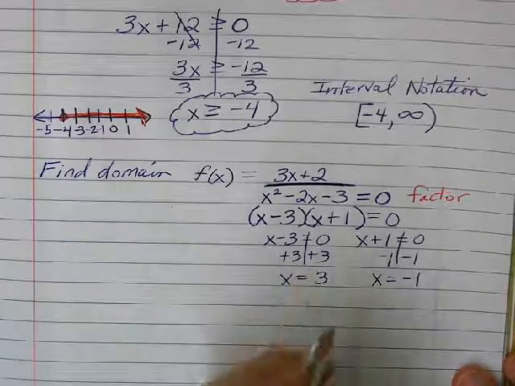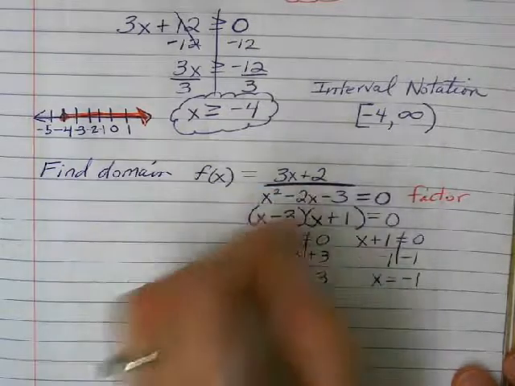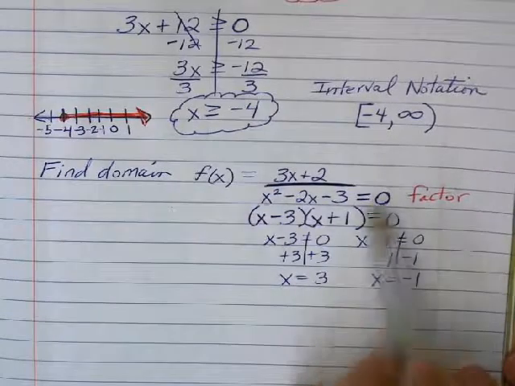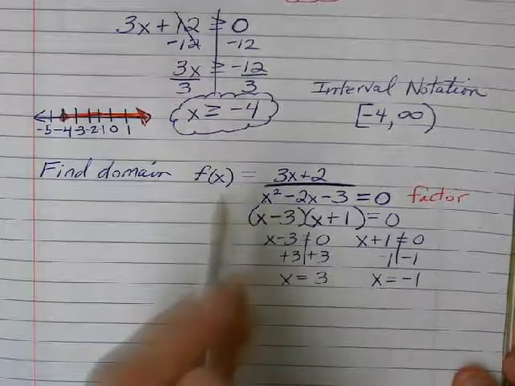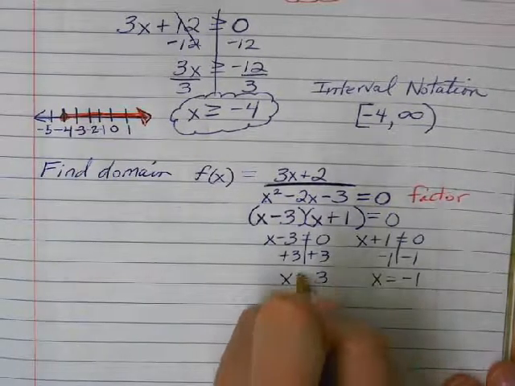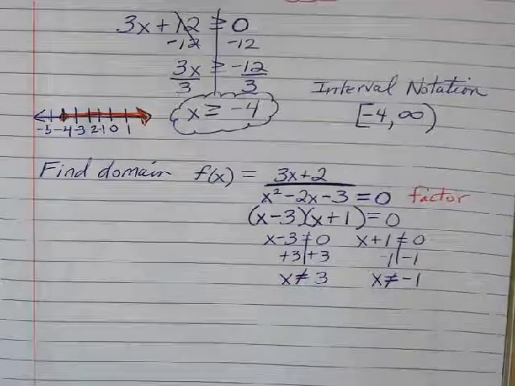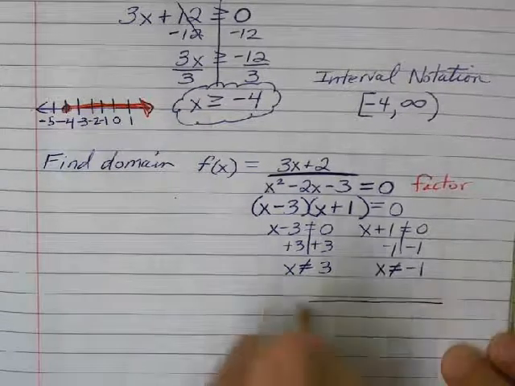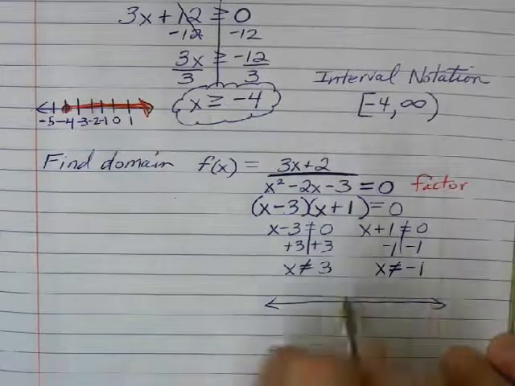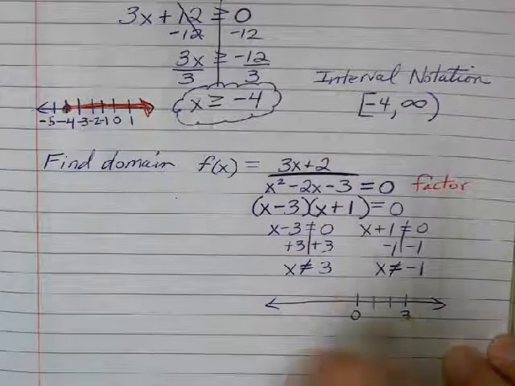If 3 was one of the numbers you plugged in, you'd get dividing by 0. It would make the bottom of this problem equal 0, and that would not be in the domain. So x is not equal to 3 and x is not equal to negative 1. So x could be anything else. If I drew a number line, here's 0, 1, 2, 3, here's negative 1.